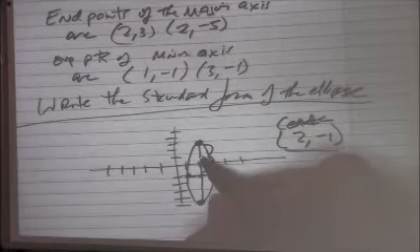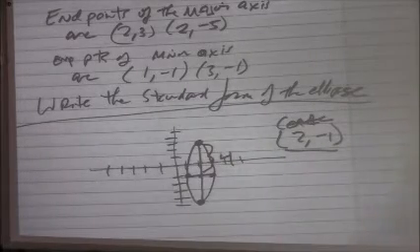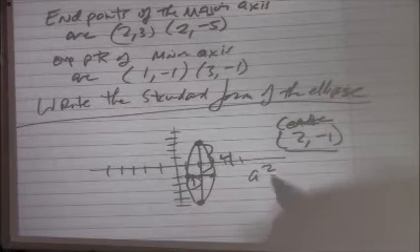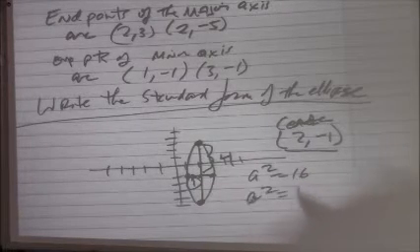I didn't need to draw it though, I just need standard form. But now I know the center, and I know the A because of 1, 2, 3, 4, that's a distance of 4, and this is a distance of 1. So that means A squared is 16 and B squared is 1, and I have everything I need.